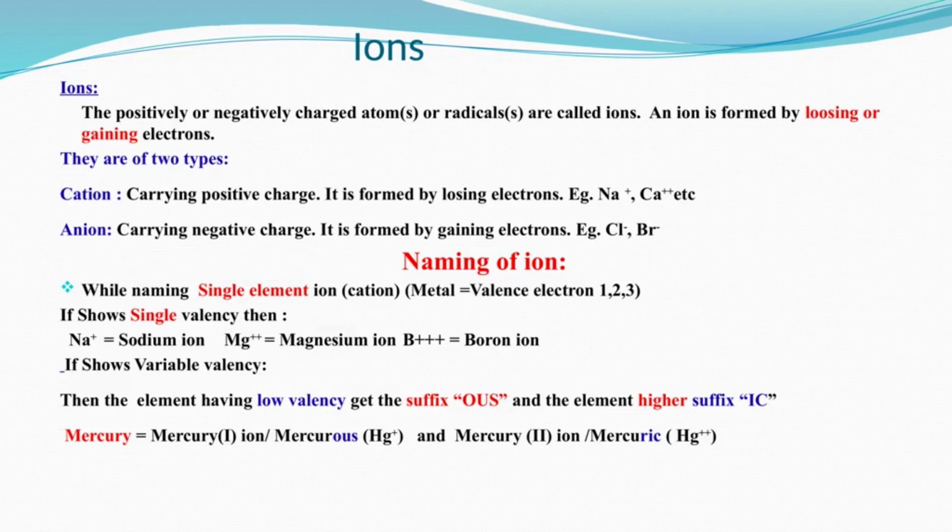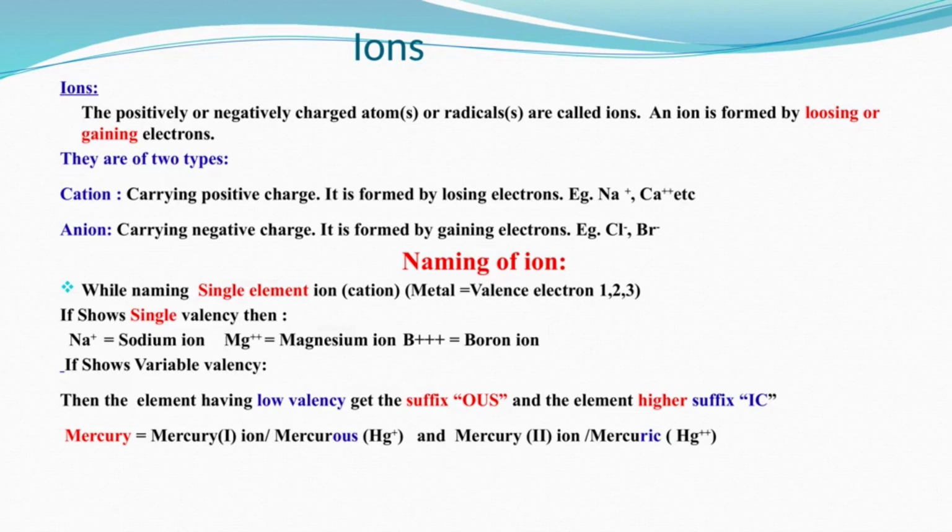While naming a single element ion like a cation, in the case of a cation it means a metal. In the case of a metal, the valence electrons will be 1, 2 and 3. So those elements which have 1, 2 or 3 valence electrons will be termed metals. And if they are single elements like aluminum, magnesium, boron, etc., you can see how they are named.